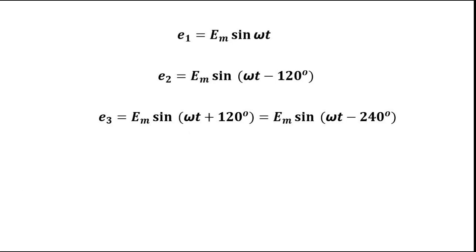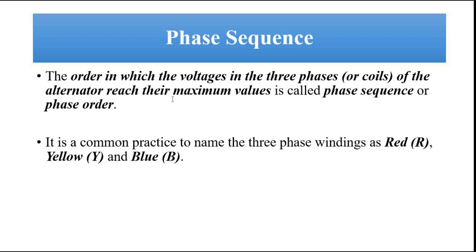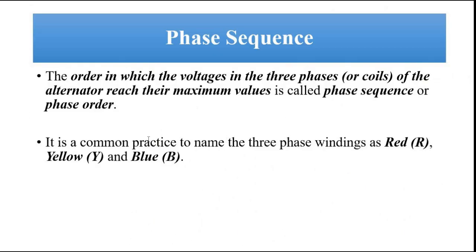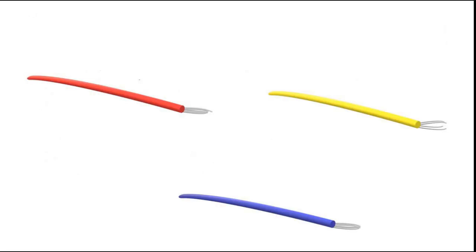Then as I said, the phase sequence is the order in which the voltages in the three phases, or windings or coils starting from the alternator, reach their maximum values, the peak values. For this 3-phase sequence, the labeling of the 3-phase voltages, it is usual practice to name them after the 3-phase windings as red, yellow and blue, the RYB system.